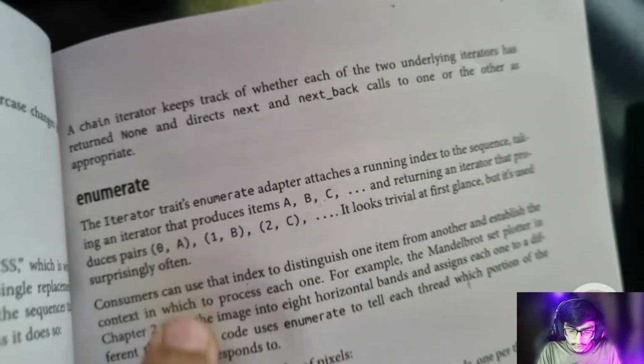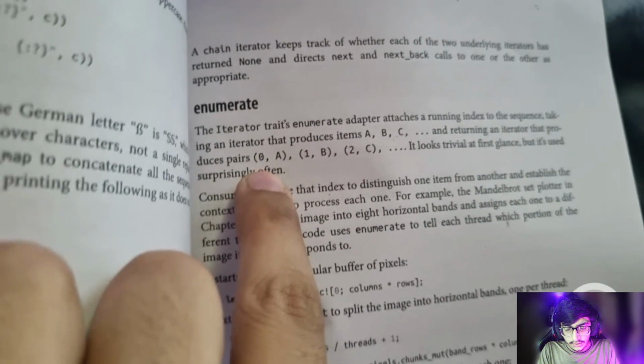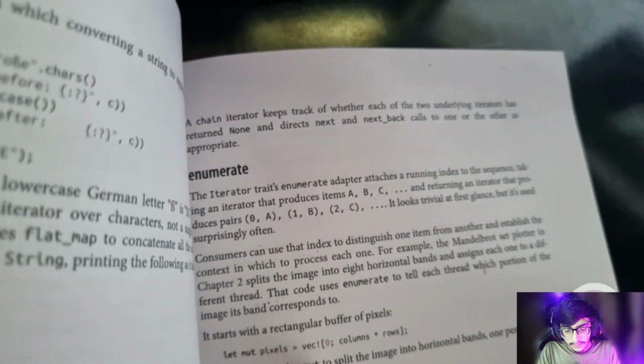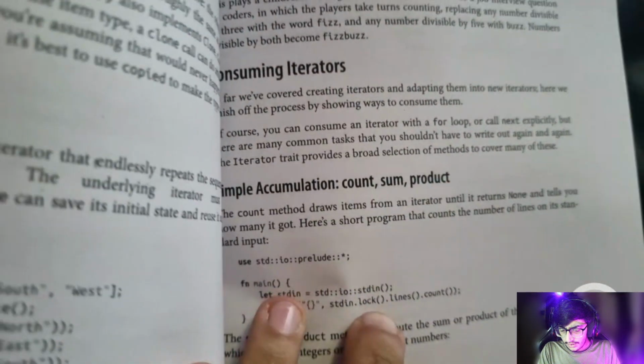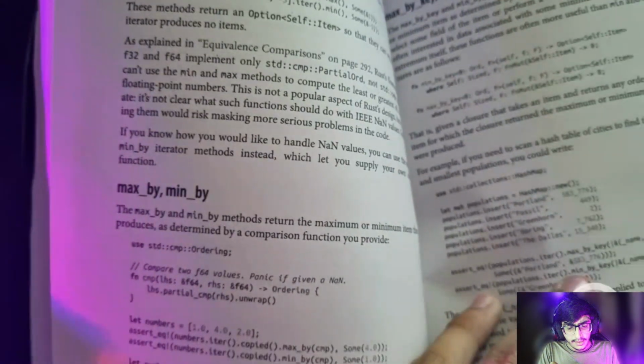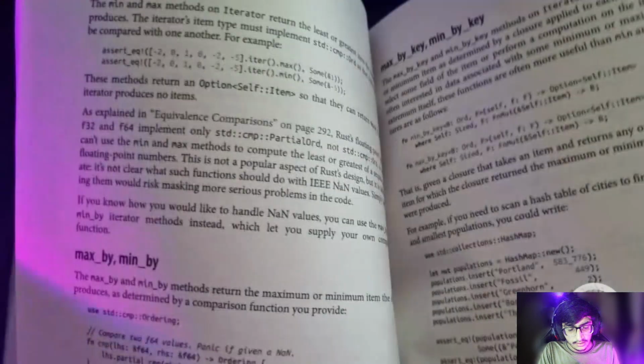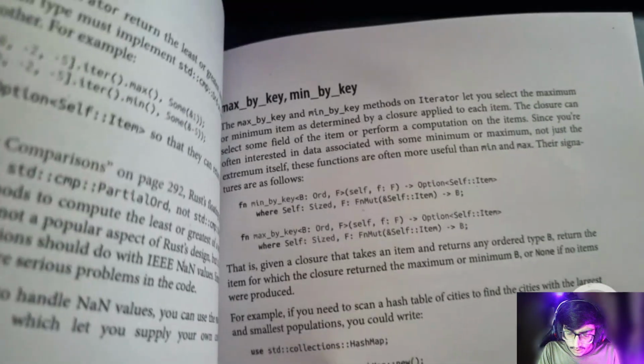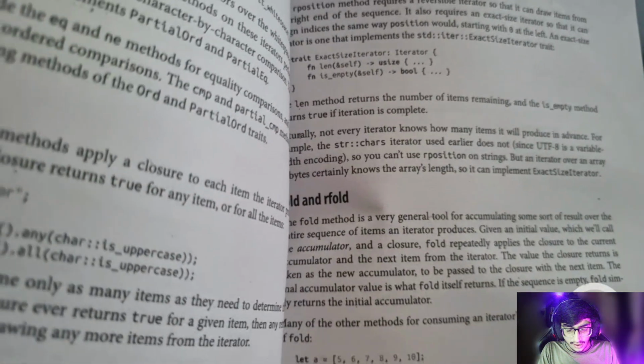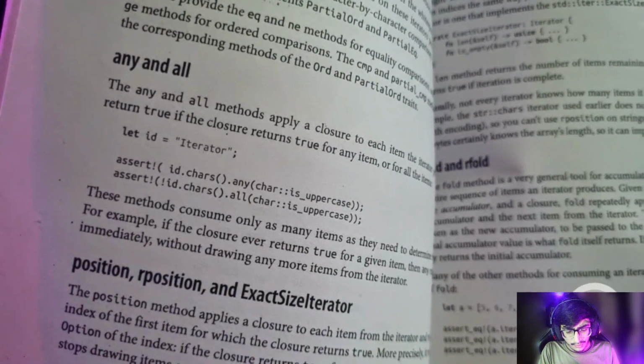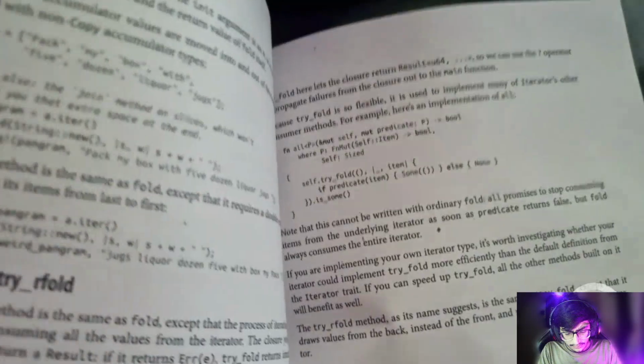I have already told you that we have two things: the first is the index, the second is the current item. And then there are count, sum, product. We have already reviewed max_by, min_by, max, min, max_by_key, min_by_key, fold, rfold, position, rposition, any and all. And there are a lot of functions.